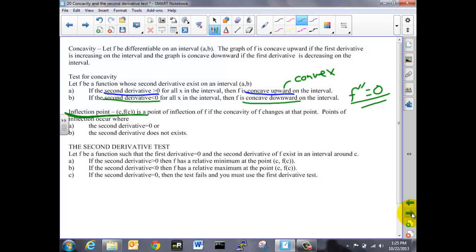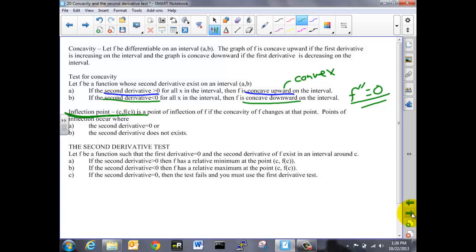Now, an inflection point is very similar to a critical point. What's a critical point? First derivative is 0 or undefined. Okay? That's a critical point. All right? Inflection point. Read this definition for inflection point.